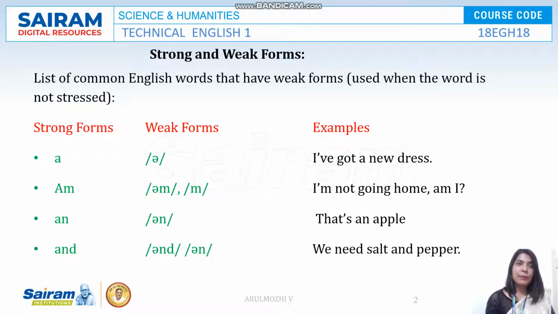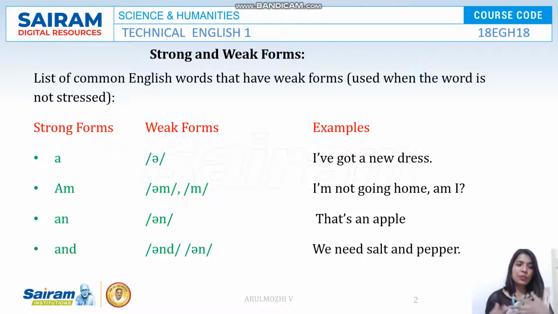Take for example, I am coming, meaning right now I'm coming. Whenever you stress the word, you pronounce it in its full form. But whenever you don't give importance to these words, you use weak forms.